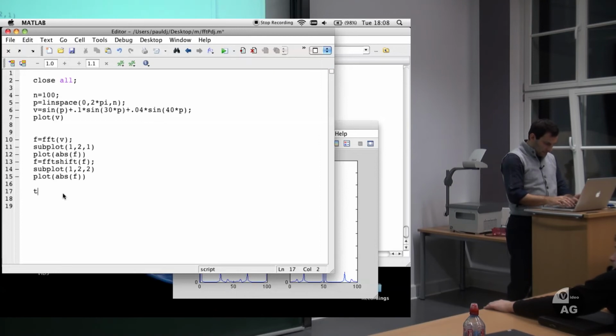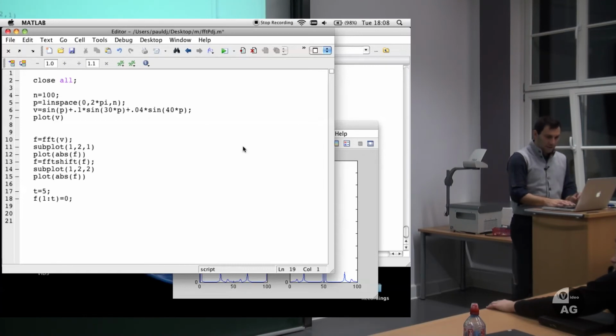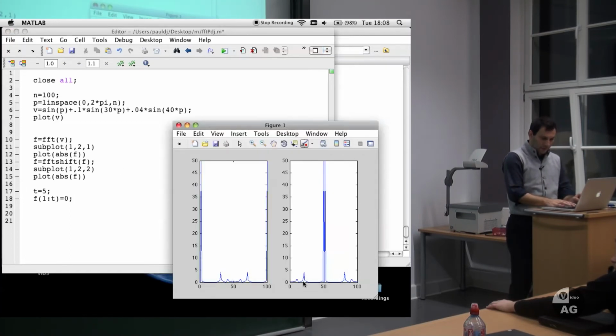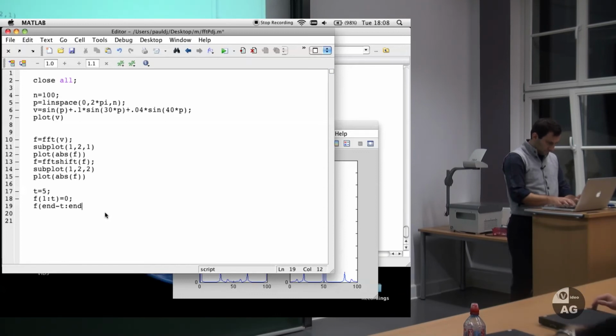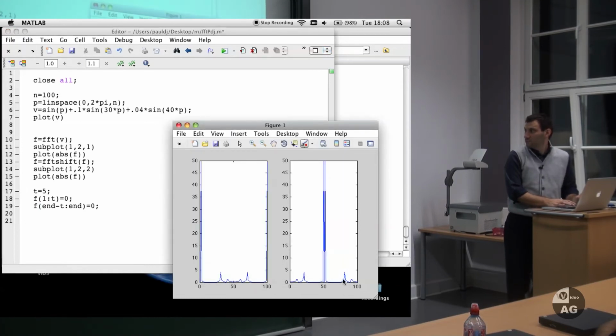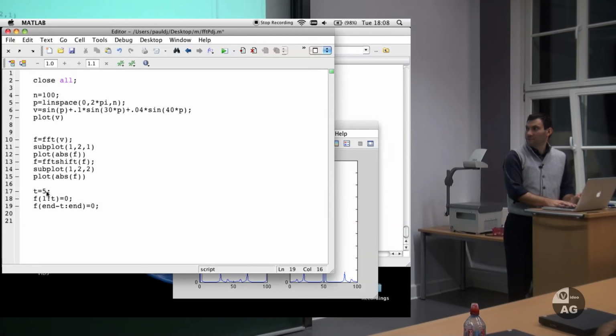Well, I can say t equals 5. So F1 to t equals 0. So I'm killing this part of the spectrum, and now I'm killing this other part of the spectrum. The first 5 entries, the last 5 entries.